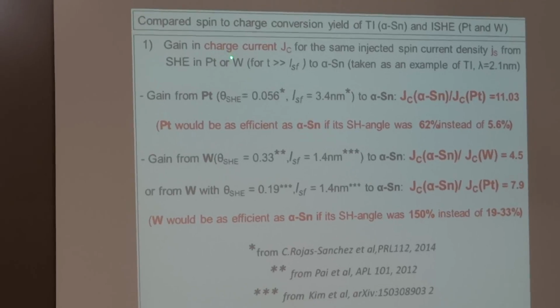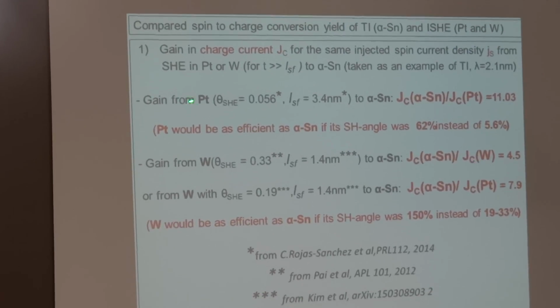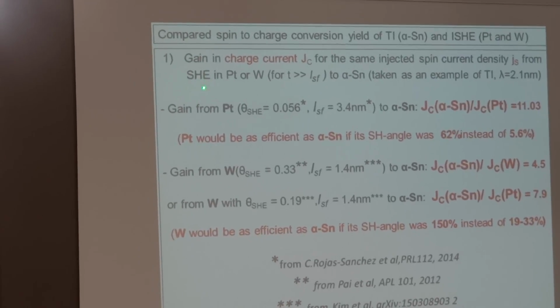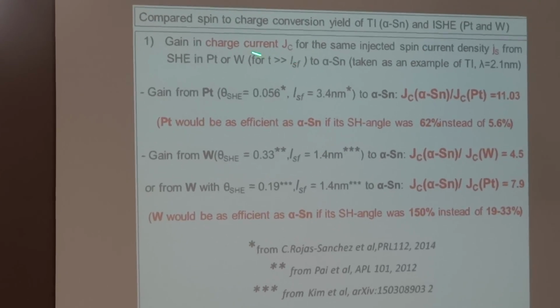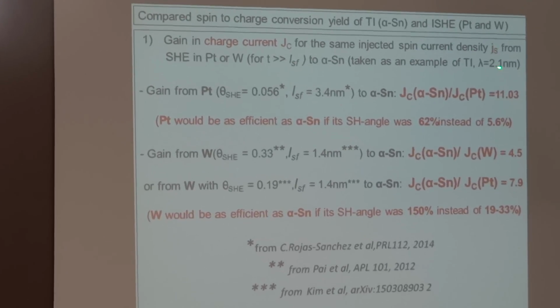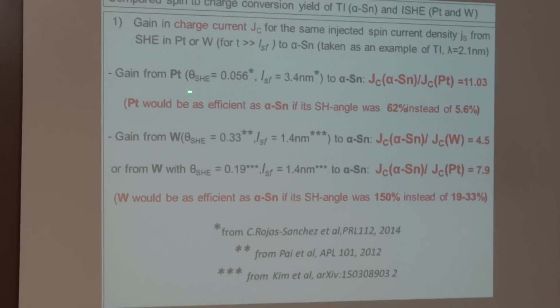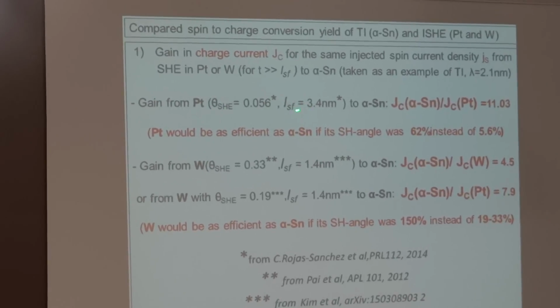To calculate the gain in charge current for the same injected spin current density from the spin Hall effect in platinum or tungsten to alpha-Sn. Alpha-Sn is characterized by this lambda here, and for example platinum is characterized by this theta and this spin diffusion length.